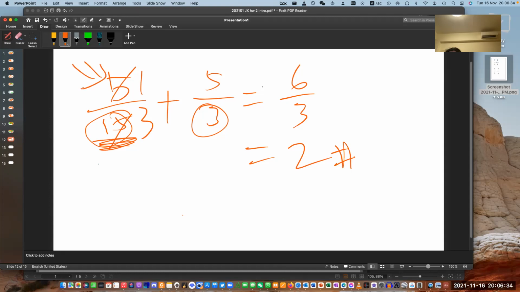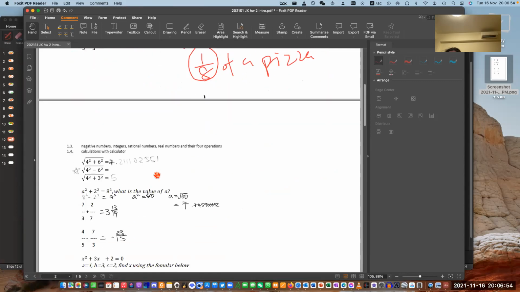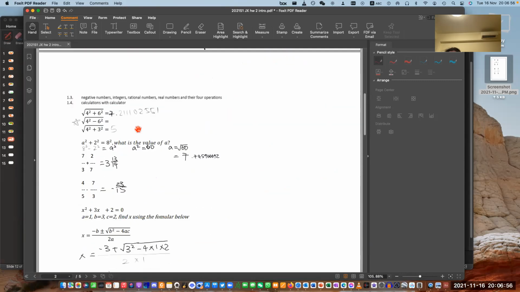If you see an opportunity to simplify, you simplify before you proceed. So the two questions here, I just want to demonstrate to you that you are actually making use of the concept of LCM, lowest common multiple, which you might not be aware of.